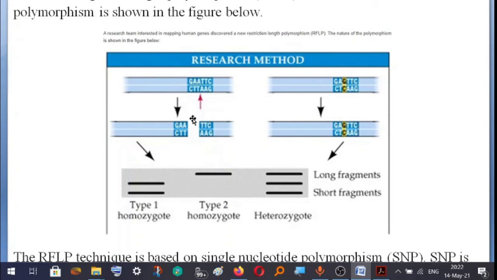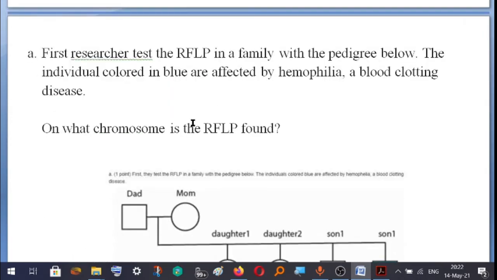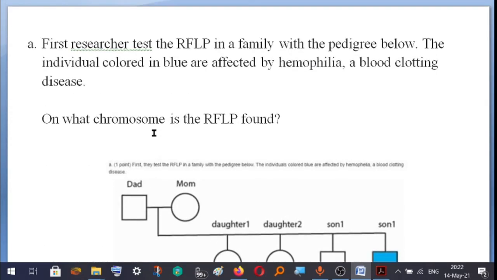Now let's move on to the question. Let me read the question first. The question is, first, the researcher tests the RFLP in a family with the pedigree below. There is a pedigree they have shown.